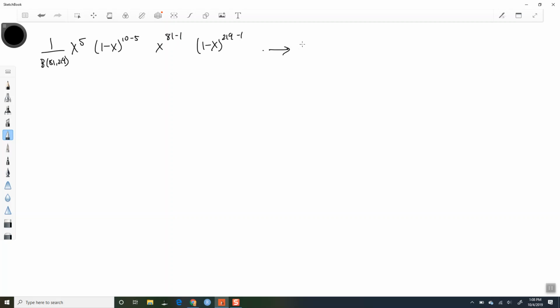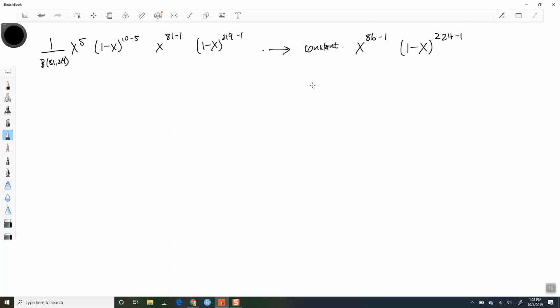And this combines nicely. I'm going to just write constant times x to the 86 minus 1 and 1 minus x to the 224 minus 1. Okay?